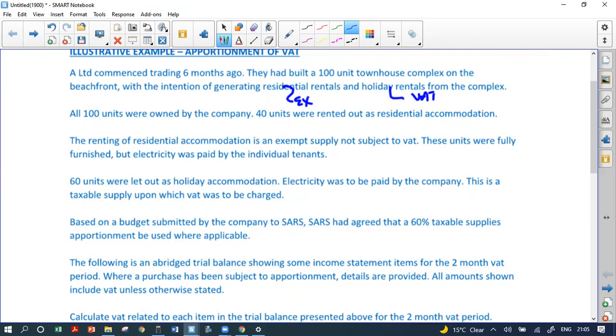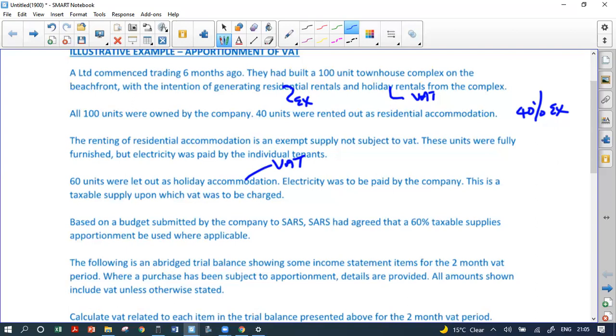Okay. So 40% is exempt for the units. It says the renting of residential accommodation is an exempt supply not subject to VAT. These units were fully furnished but electricity was paid by individual tenants. 60 units were let out as holiday accommodation. That's VAT. Electricity was to be paid by the company. There's a taxable supply upon which VAT was to be charged.